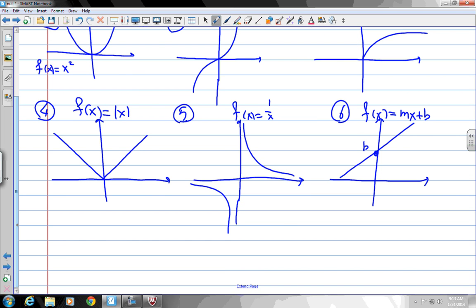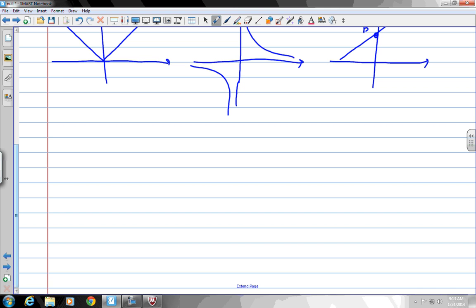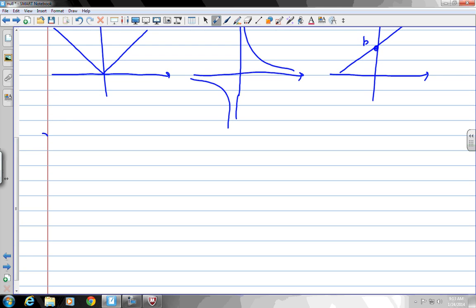And then you have your exponential and logarithmic. So 7, exponential functions. In general, if a is greater than 1, the graph of the exponential function looks like that. Goes through 1. So this is for the case a is greater than 1. And logarithmic.